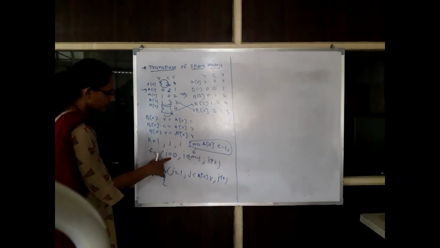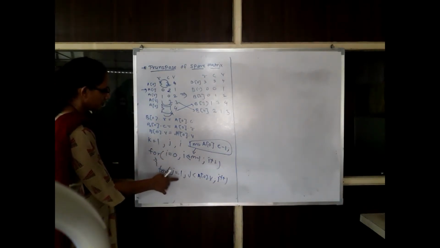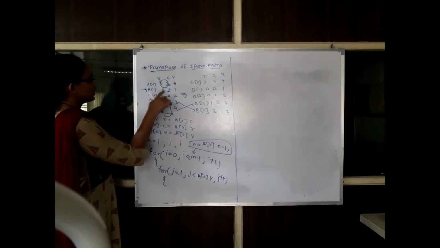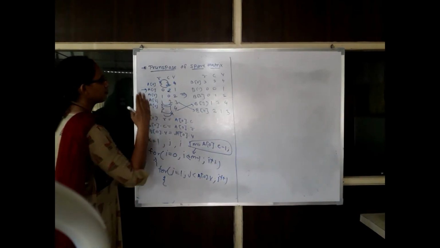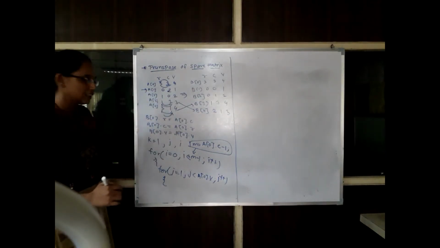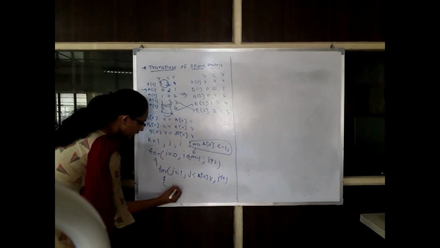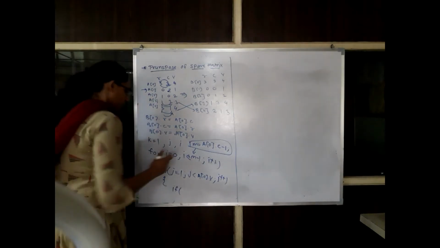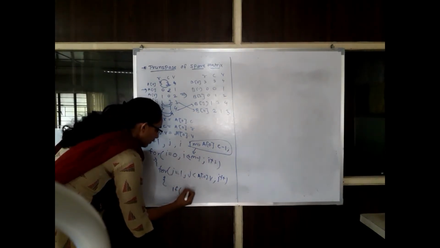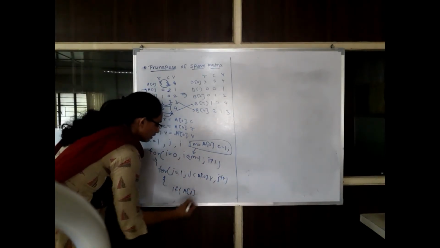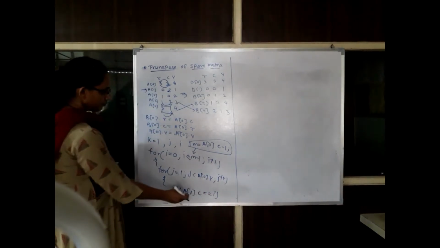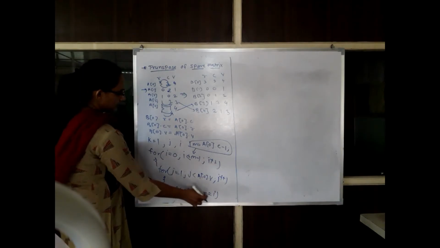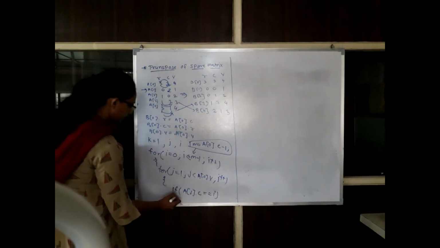For every possible I value, we are checking the jth column value. If it is matched, then we are putting that into the resultant matrix. So here the condition: if A of j dot column is equal to I, the column value of that tuple is equal to the I value, then what we are doing?